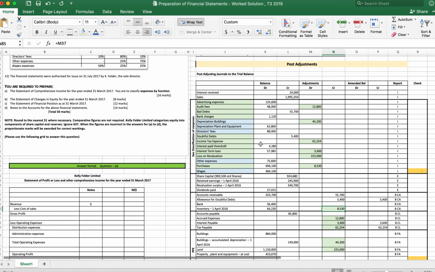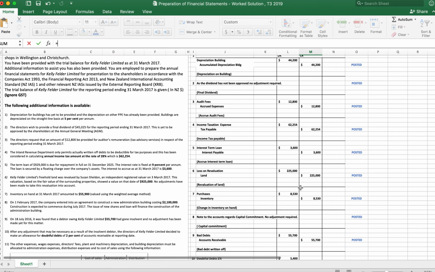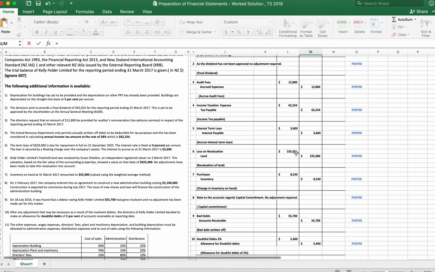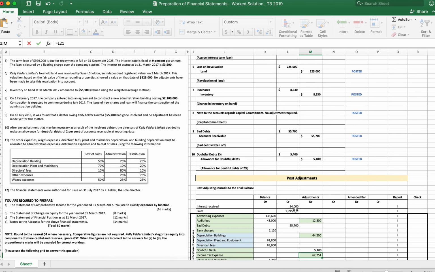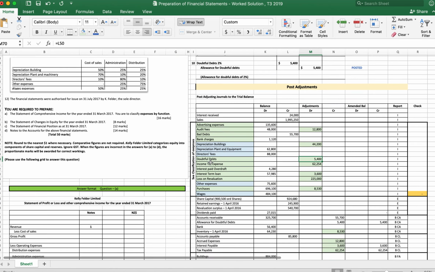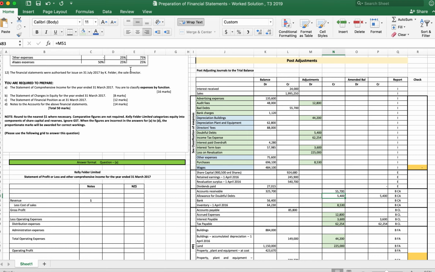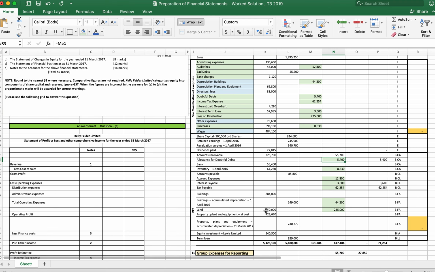Doubtful debts. Where's that? Wrong column. Equals 520. 5. There it is. And that one there marries up. That's the figure there.